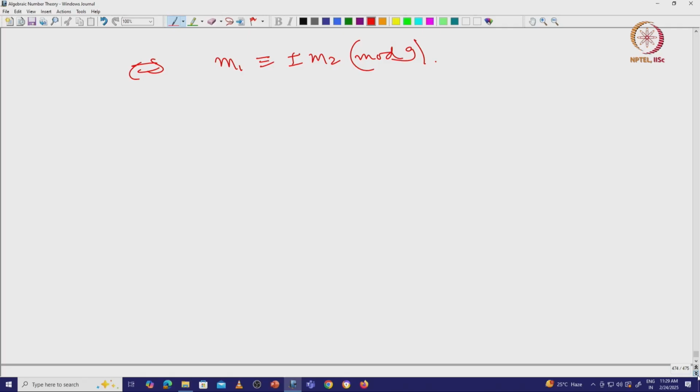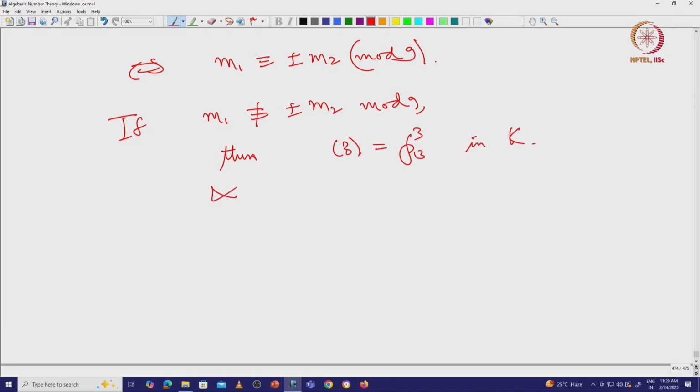So, in particular if m1 is not congruent to plus minus m2 mod 9, then 3 is P3 cubed in K and d_K is equal to delta squared of 1 alpha 1 alpha 2, which is minus 27 m1 squared m2 squared.